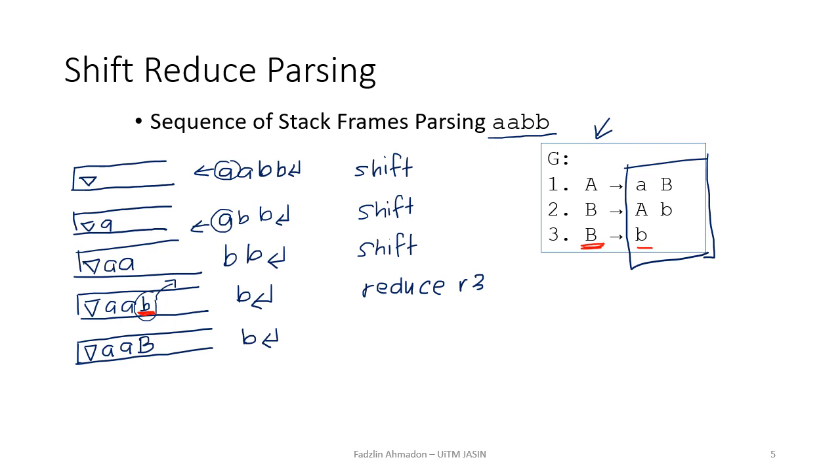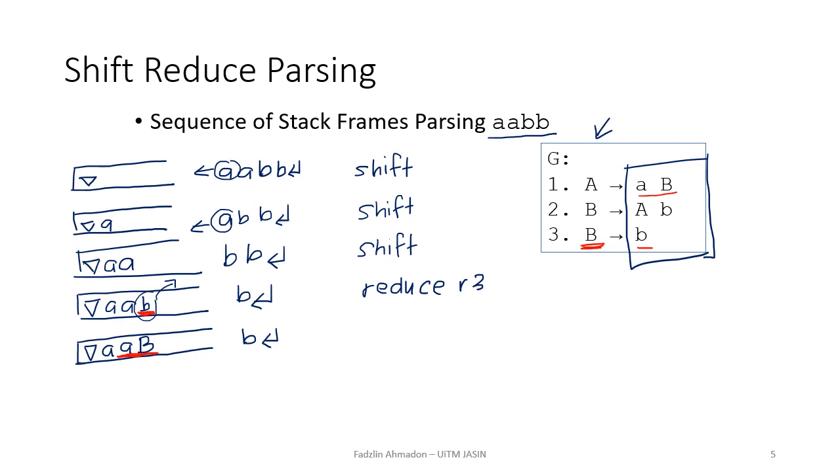Next, we will scan the three symbols on top of our stack and compare it with the right hand side of our grammar. Here we will notice that we have AB over here, that is also the two symbols on the right hand side of rule 1, which means we can do a reduce operation.